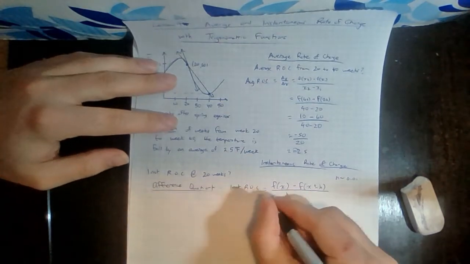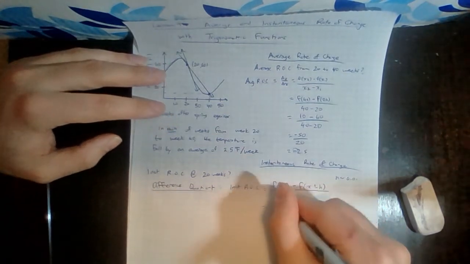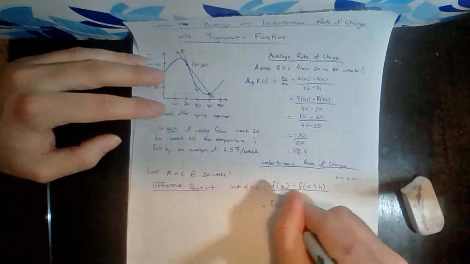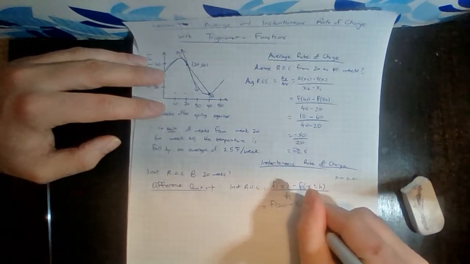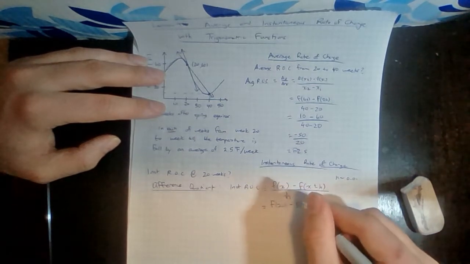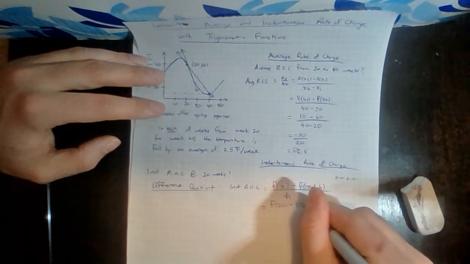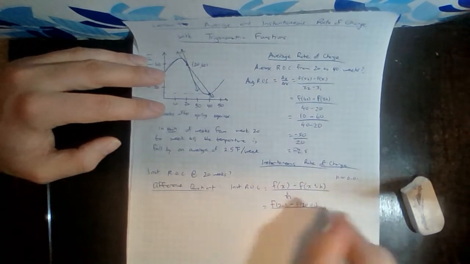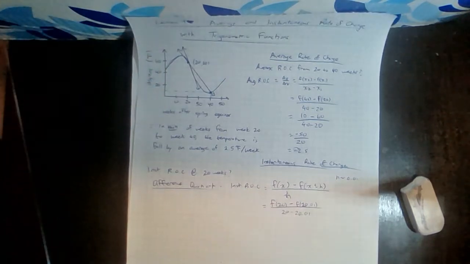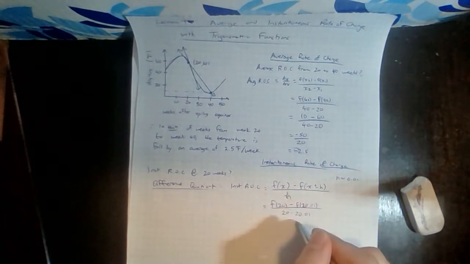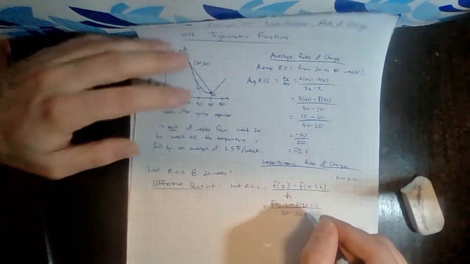For this particular example, if we were to use the difference quotient, we would have f of 20 minus f of, in the example they give 19.99, so we could do 20.01, over 20 minus 20.01, or 0.01.